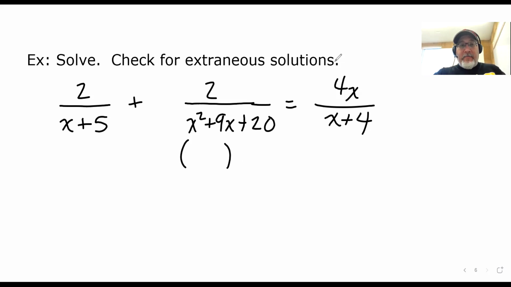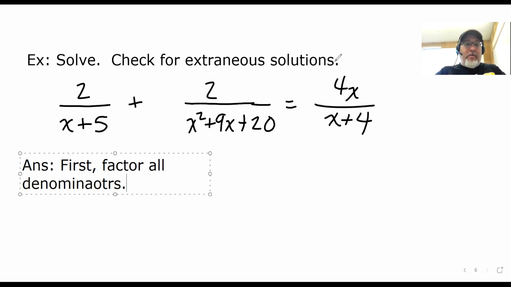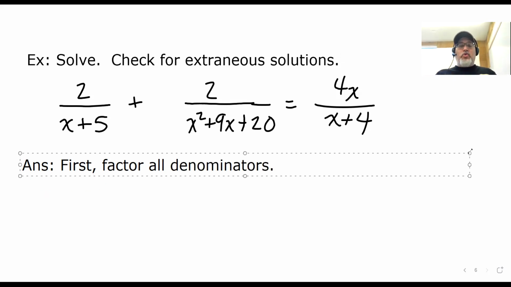I'm not going to write it there. I'm going to leave the original equation intact, but I'm going to say answer. And first, we're going to factor our denominators. And this will morph into a how-to list. First, factor all denominators. Now, some of them may not require factoring. Your linear factors like x plus 5 and x plus 4, whose highest power is 1, if those factor at all, it's only because they have a greatest common factor, which these do not.